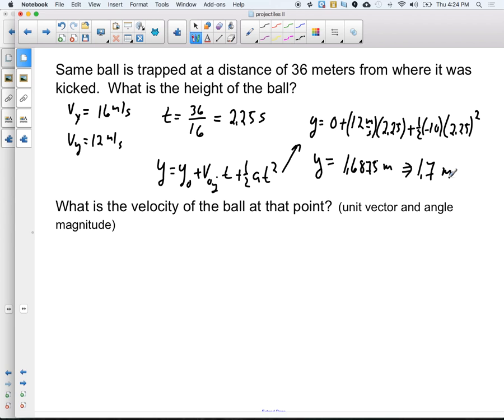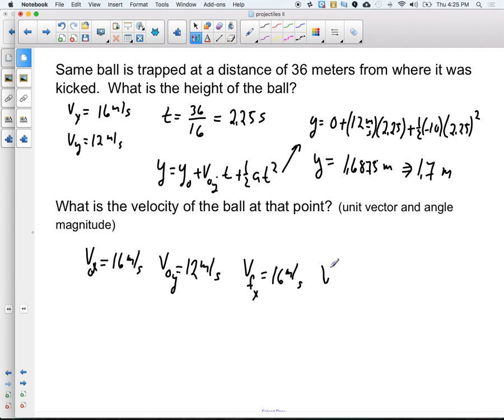The final idea is what's the velocity of the ball at that point. So remember we said that the velocity initial in the x direction was 16 meters per second, and the velocity initially of the ball in the y direction is 12 meters per second. But I want to know what v final in the x direction is. Well, that's just going to be the same as before, 16, because it doesn't change.